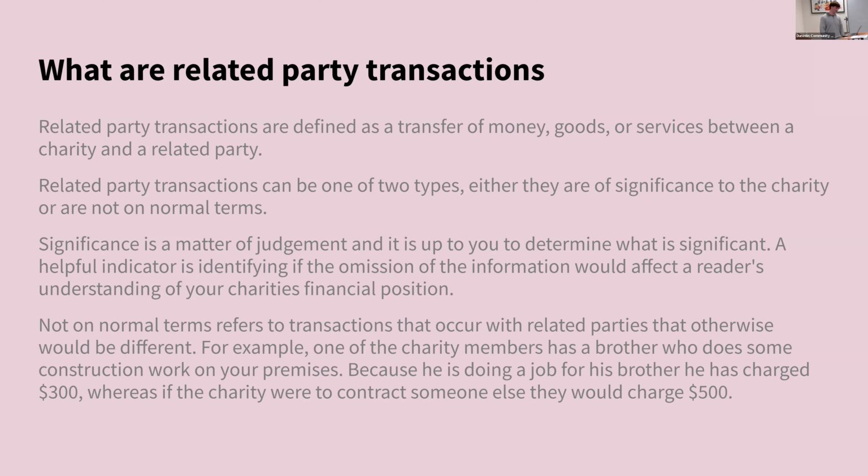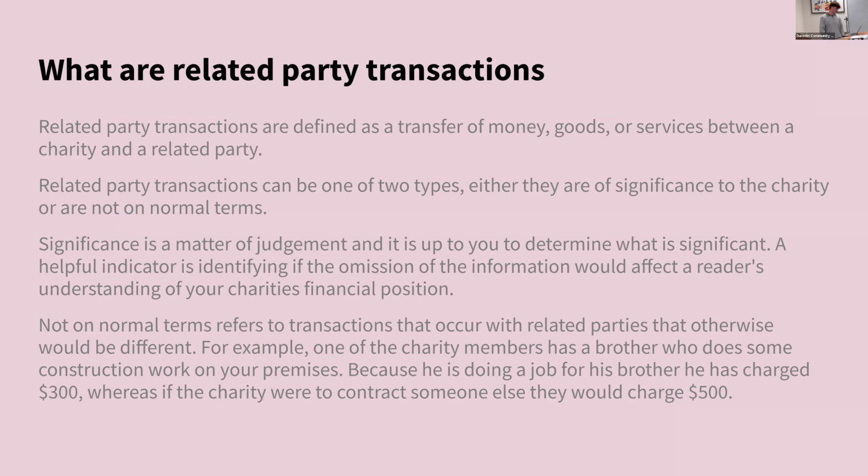A useful indicator would be identifying if the omission of that information would affect a reader's understanding of your charity's financial position. So what that really means is if a related party transaction has taken place and you haven't included it, would it affect somebody's understanding of your financial position?